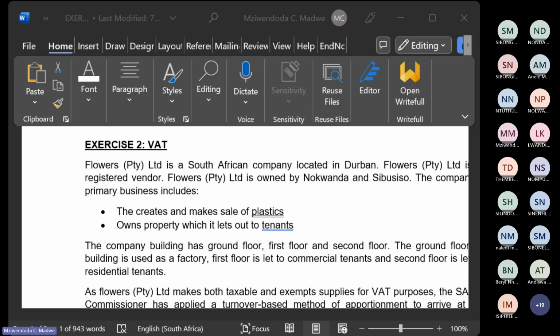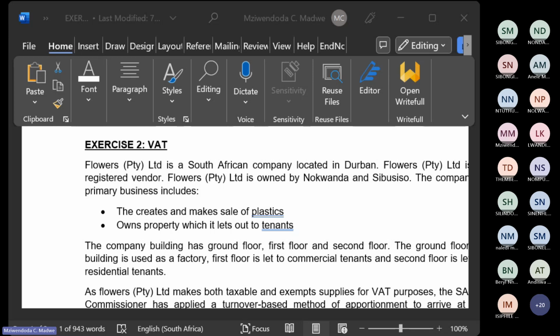If the final result is above 1 million, there is no need to consider other income, because the first income exceeds the threshold, which is 1 million. That is the first requirement for registration, and that is the first thing that you are going to do.